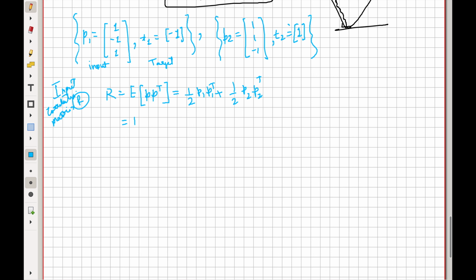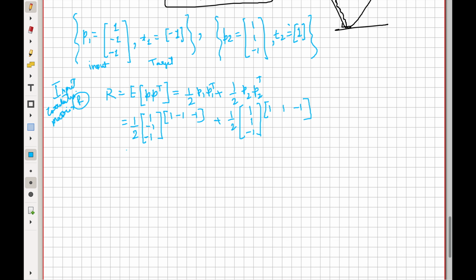So we write that out, 1/2, and this is 1, -1, -1. Sorry, this is -1, my mistake. And we transpose that, 1 -1 -1. The second one is again 1/2, 1 1 -1. Transpose that, 1 1 -1.